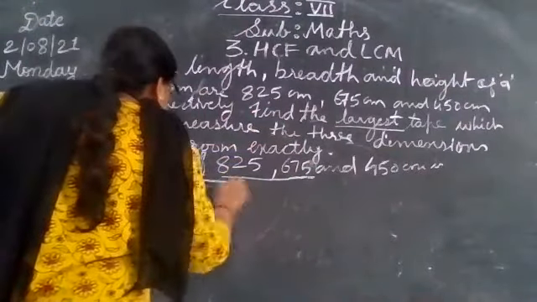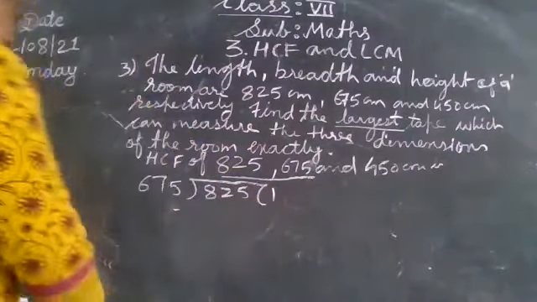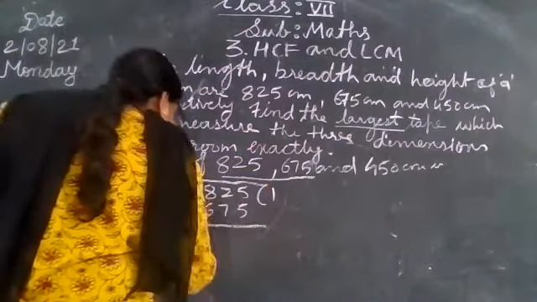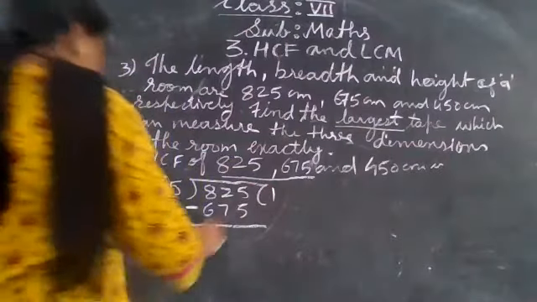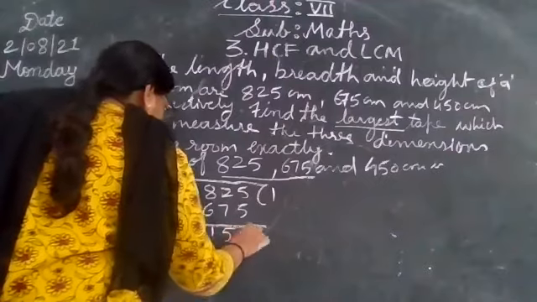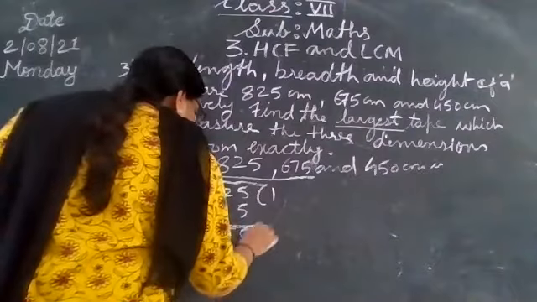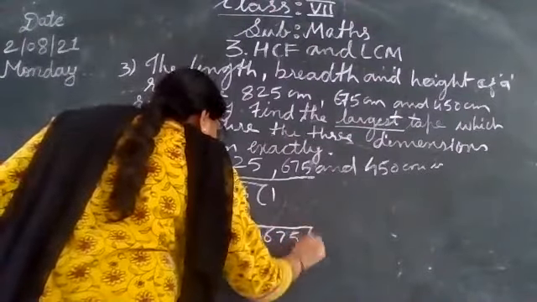825 divided by 675. So 675 once 675. What is left, beta? It is 5 minus 5, 0, 150. Okay, then this remainder becomes divisor, and this 675.